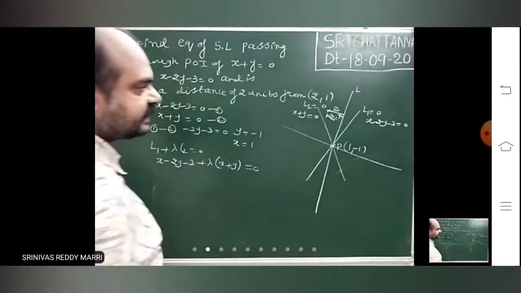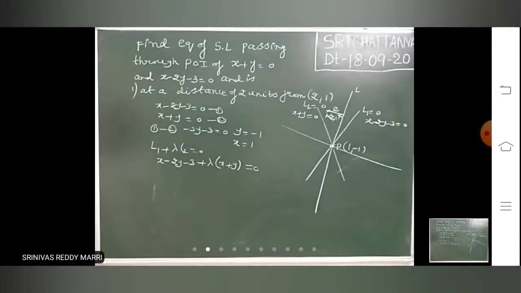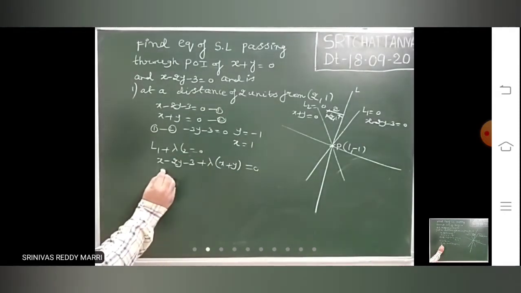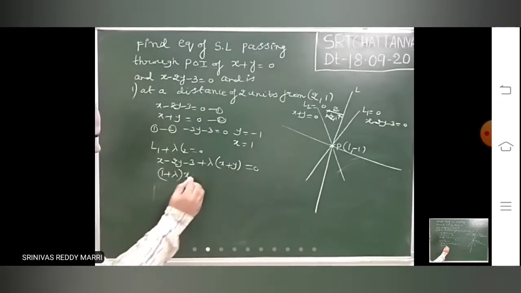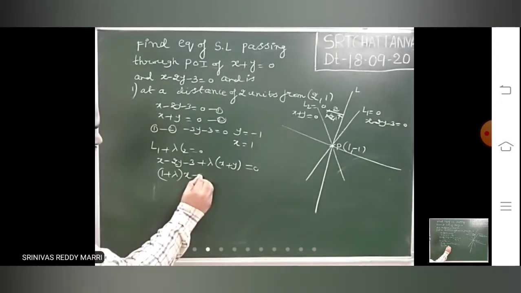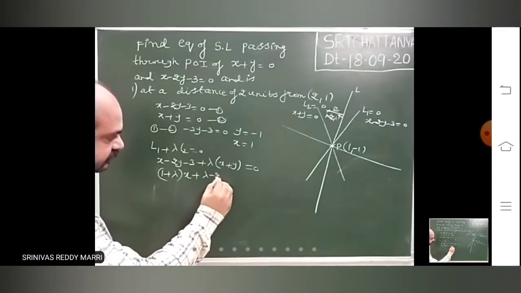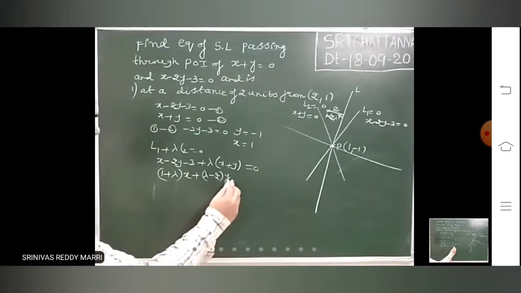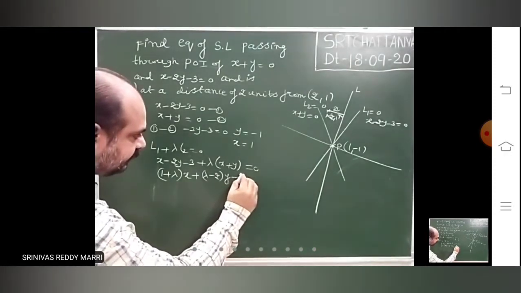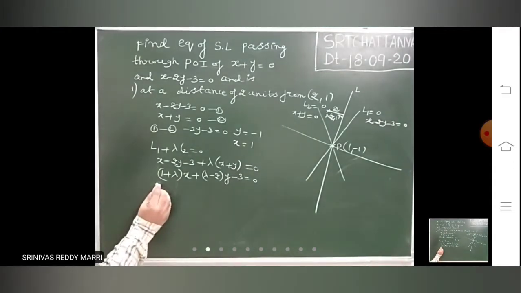The line is (1 plus lambda) x plus (lambda minus 2) y minus 3 equal to 0.